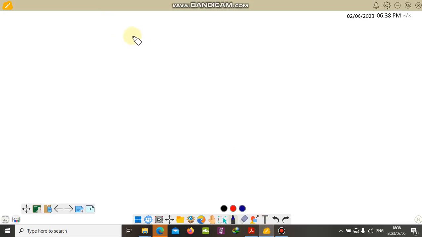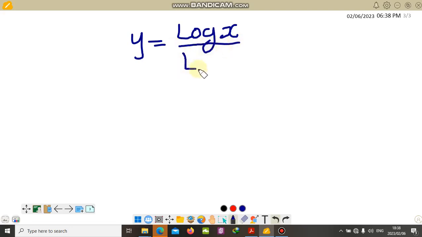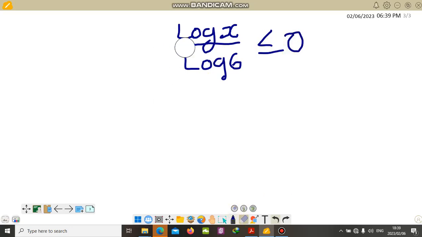So we'll say y is equals to log of x, that is the equation, over log of 6. So they say this has to be less or equals to 0.